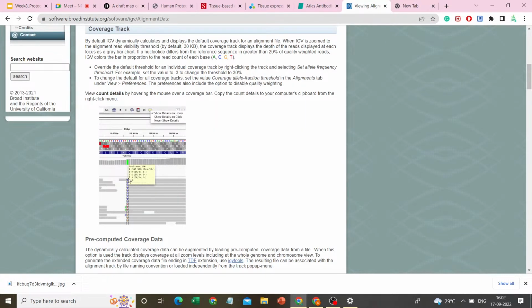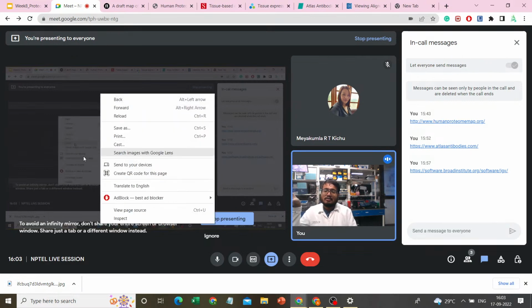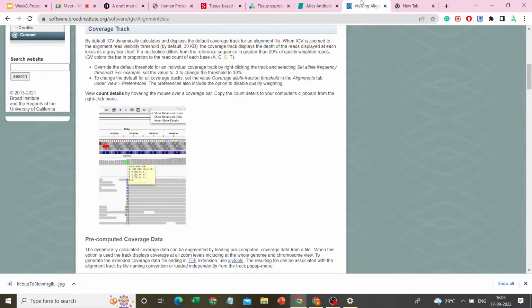If you show the bases, you can either look for a particular base, or if you right click and say, I want to check for all the bases, then all the bases will be visible, and you can find which sequences match your reference genome or the normal genome, and which do not. So this is the total count and the number of A, C, G, T, and which are the matches and which are the mismatches.